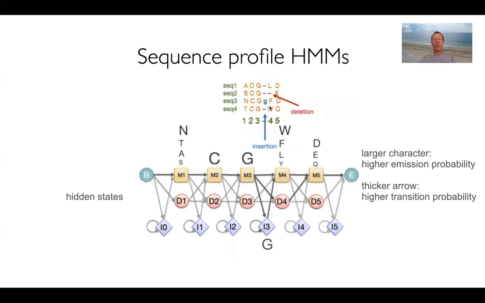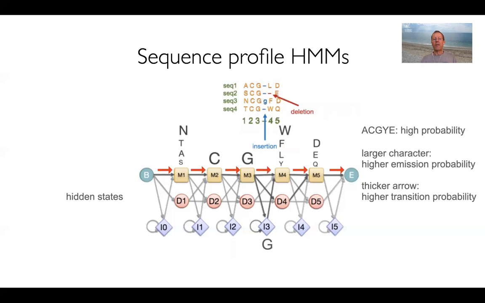So with all these transition and emission probabilities defined, you now have an HMM that represents in a pretty good way the information inherent to the underlying multiple sequence alignment.